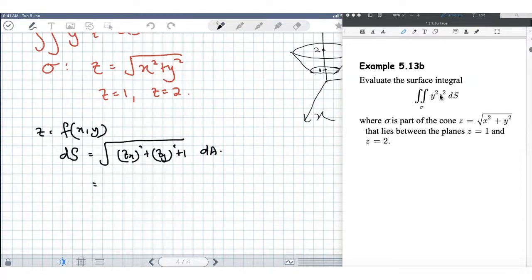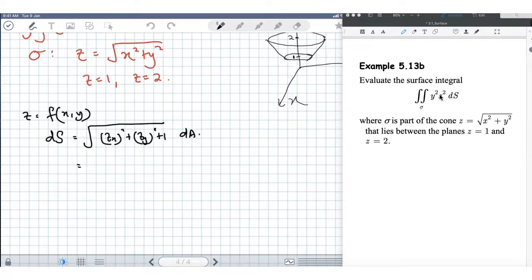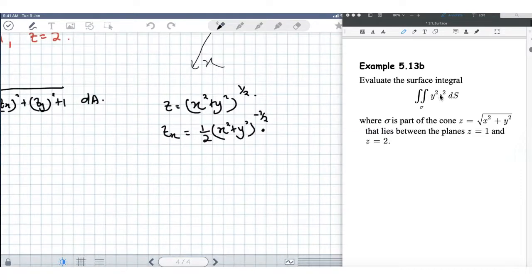So differentiate. Your z here is x squared plus y squared to the power of 1 over 2, which is the square root, right? And then when you differentiate z with respect to x, this will give you 1 over 2 times x squared plus y squared to the power of negative 1 over 2. You need to apply the chain rule and differentiate the inner function with respect to x. So this will give you 2x plus 0.